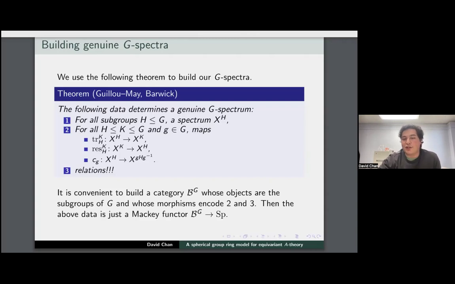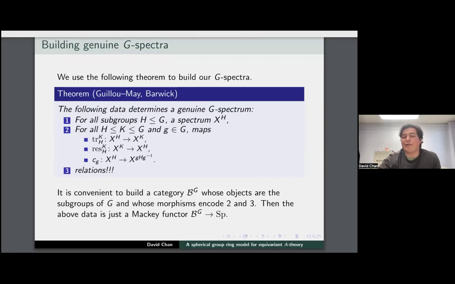The imprecision I was mentioning is that when I say a functor from BG to spectra, I really mean that the category BG should be enriched in spectra, or it should be an infinity category, and this should be an additive functor from BG into spectra. But I want to avoid these technical details.